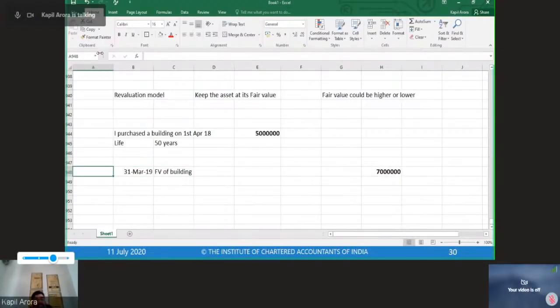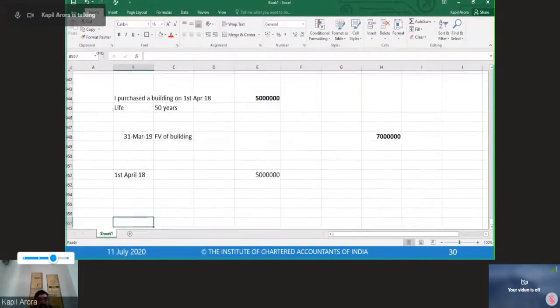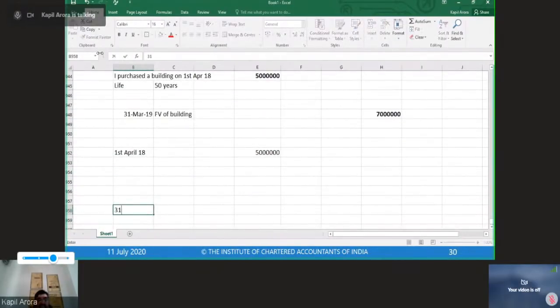So on 1st April 18, the asset which we have is of 50 lakhs. Then I will check 31st March 19, asset value is 70 lakh, but I cannot compare 50 lakh with 70 lakhs because these values are of two different dates. One is on 1st April 18, another one is on 31st March 19.